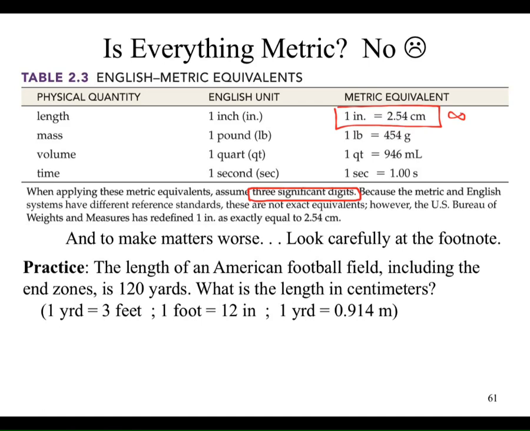But virtually every other conversion factor does not have infinite sig figs. It has 3 sig figs. If I want more sig figs, I have to look up a new conversion factor that shows those extra sig figs. That's kind of frustrating, but that's why shifting between English and metric is a bit rough to deal with.